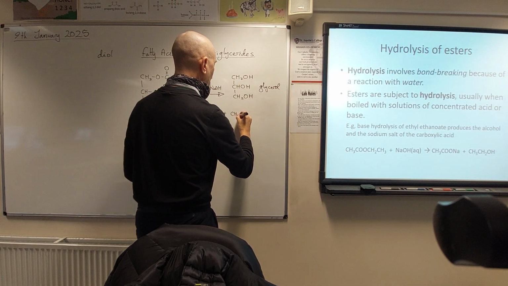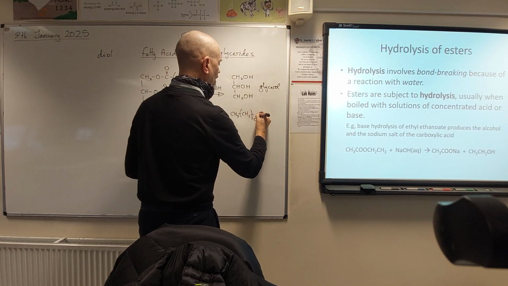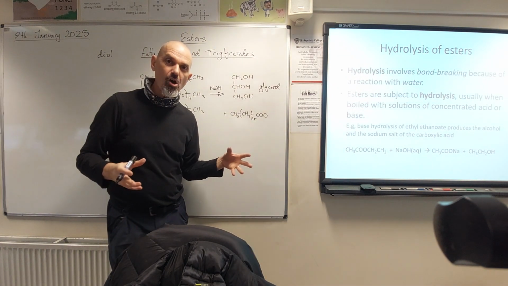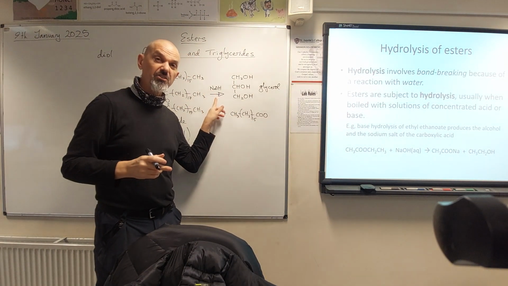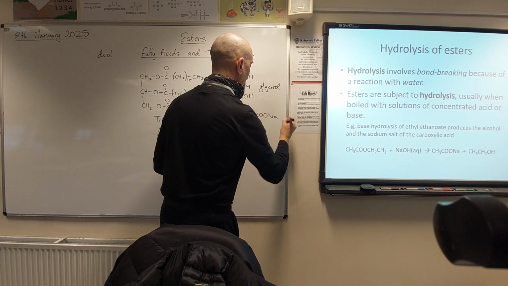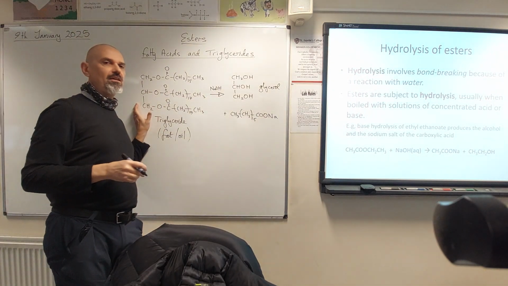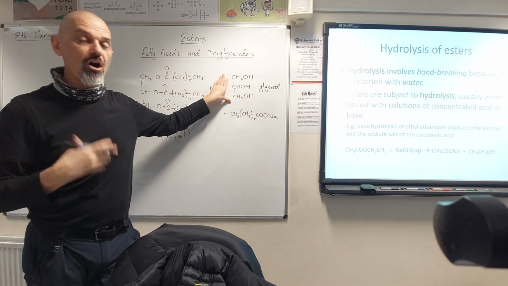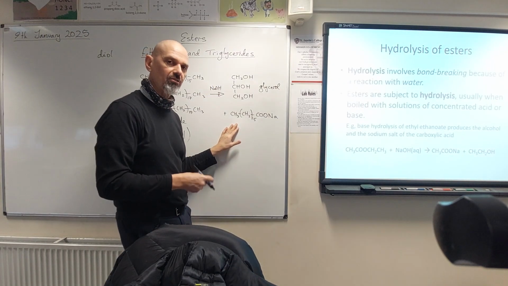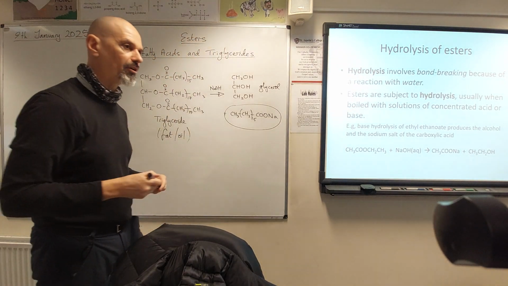Except, let's just use the first one, the 15. Except when the fatty acids break off the glycerol in the presence of sodium hydroxide, acid plus base, they're going to come out as salts. So hydrolysis of my ester will produce the original alcohol, whatever it is, glycerol in this case, and the sodium salts of the fatty acids. These are the important ones to keep your eye on.